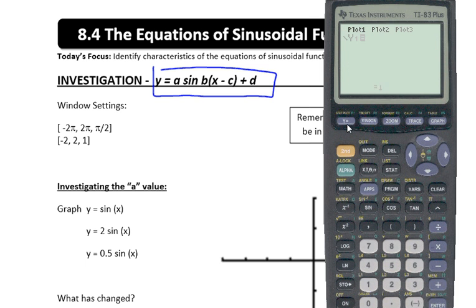Okay, so graph y equals sine x, and we're going to sketch this. If you need help, just let me know.